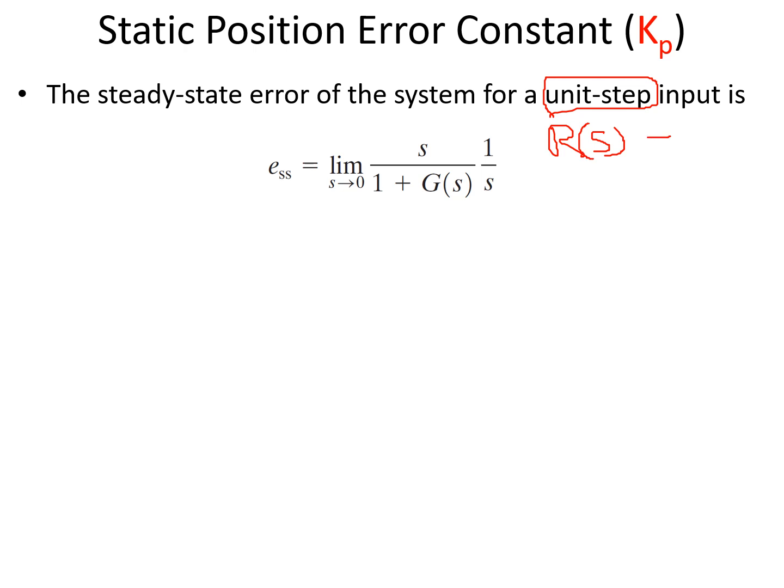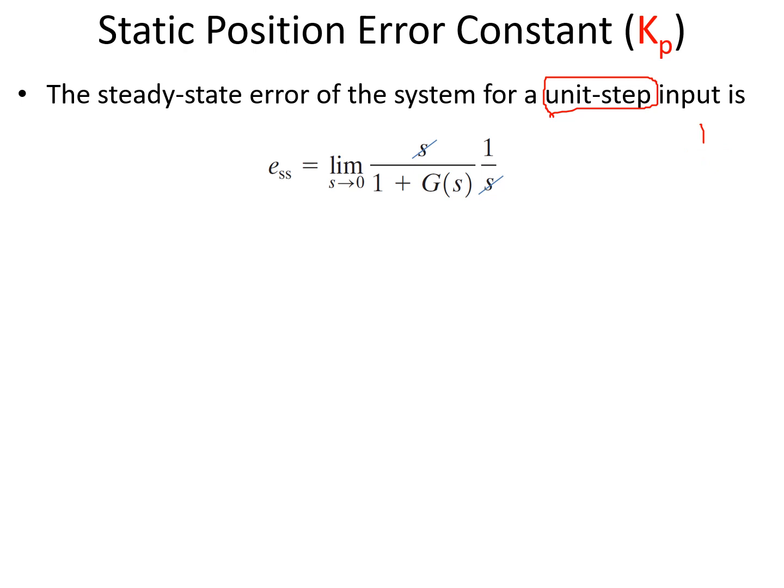So that is why here we are cross multiplying r of s, taken as 1 by s. Now we will try to find the value for this steady state error constant. You can observe here that this s and this s are getting cancelled.